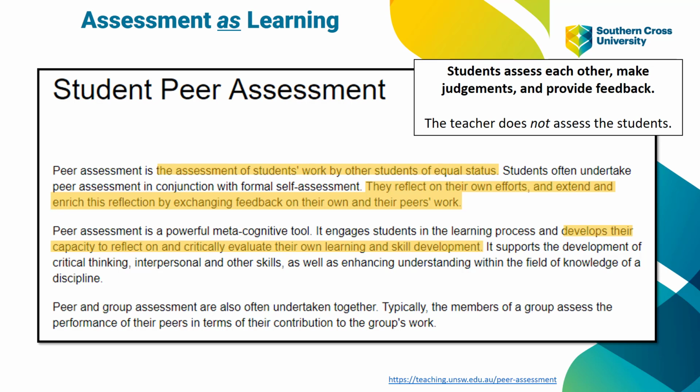What does an A look like? What does a C look like? What does an E look like? That type of thing. They've got a really good understanding of what this rubric or criteria is and what it looks like, as well as you developing their skills to be able to have these conversations.